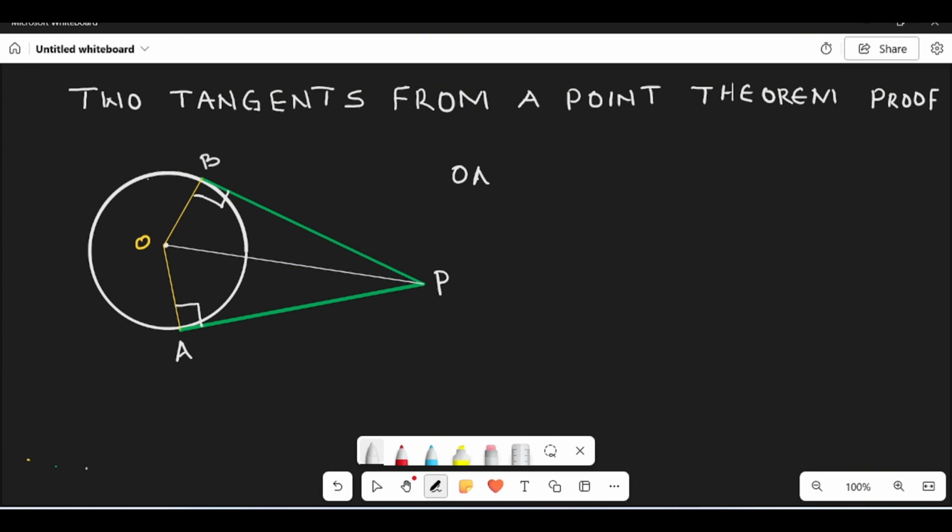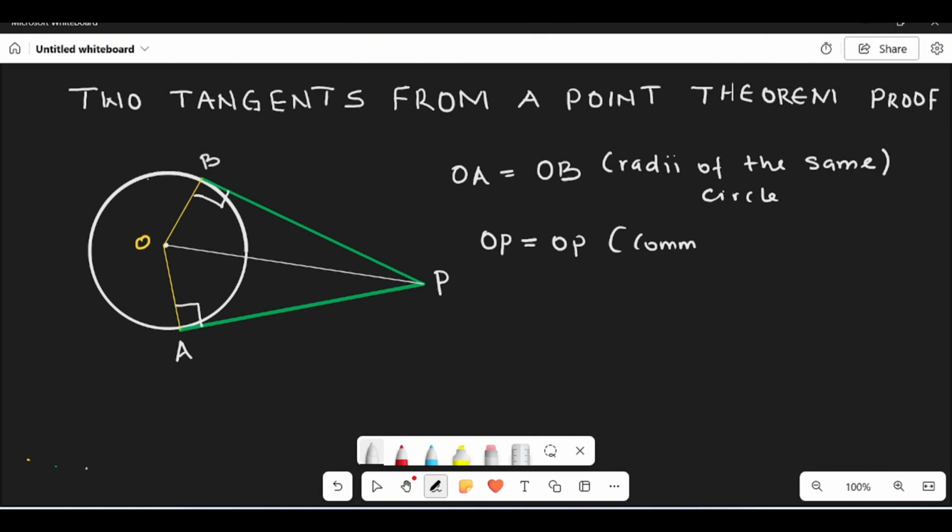OA equal to OB, radii of the same circle. Also, our OP is equal to OP. They are common side to both triangles.